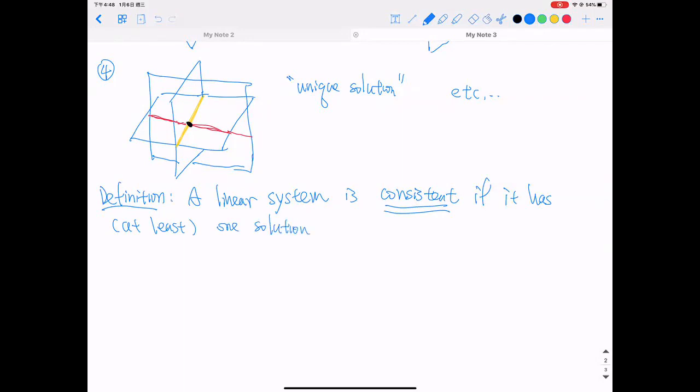As we've seen in these examples above, they could have more than one solution. In fact, once there is more than one solution, they tend to have infinitely many solutions. But the definition is just about having a solution or not. If it has a solution, it's called consistent. It's called inconsistent if there is no solution.